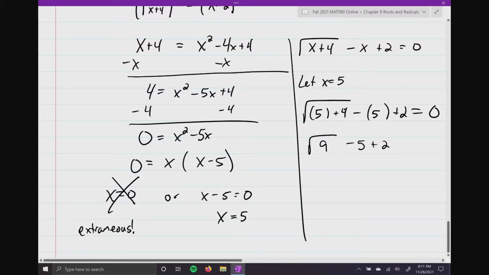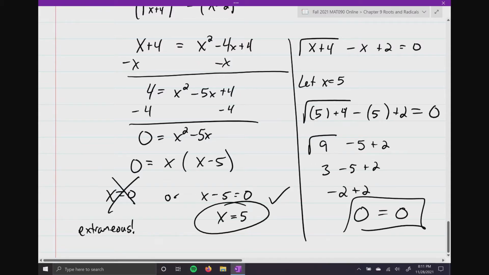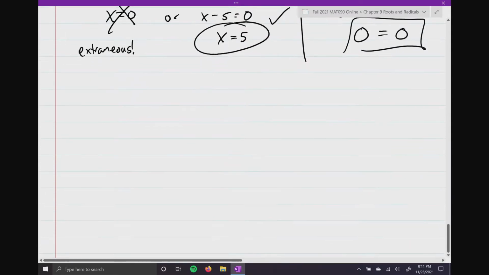Square root of 9 is 3. Minus 5 plus 2. 3 minus 5 is negative 2 plus 2. And negative 2 plus 2 is 0, which is a good thing. So the only solution is x equals 5. So like I said, you got to be careful with this. Okay? Let's do one more like this, and then we're going to switch it up a little bit.